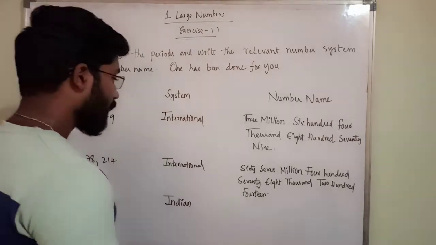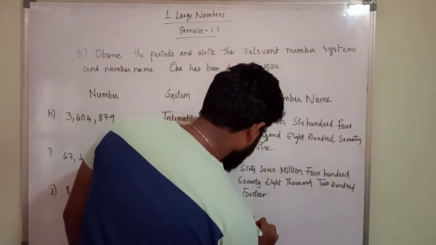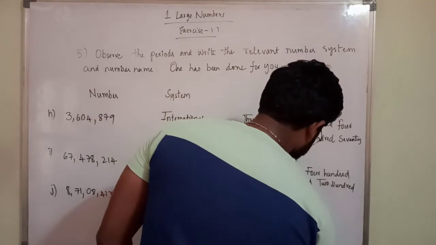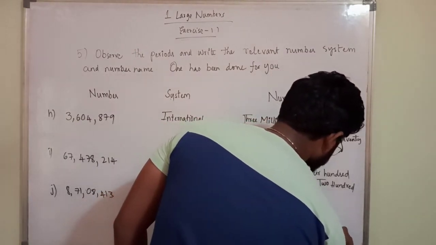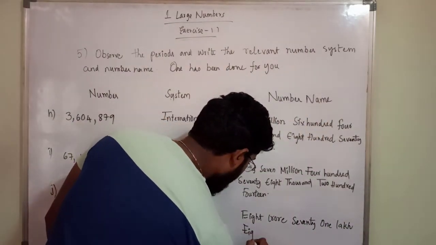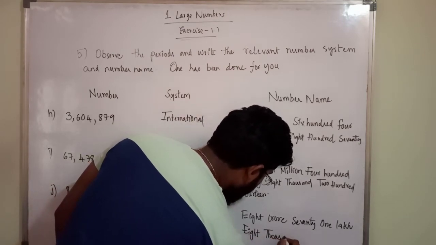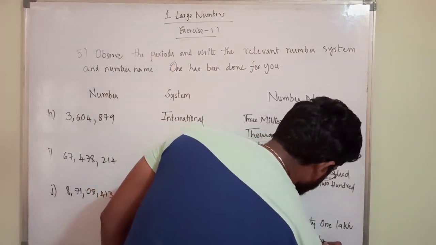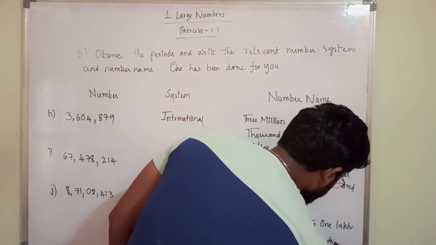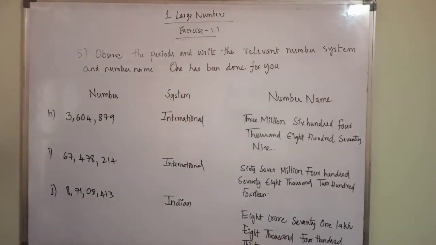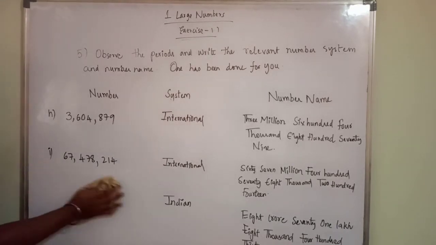So what is the number name? 8 crore 71 lakh 8,413.